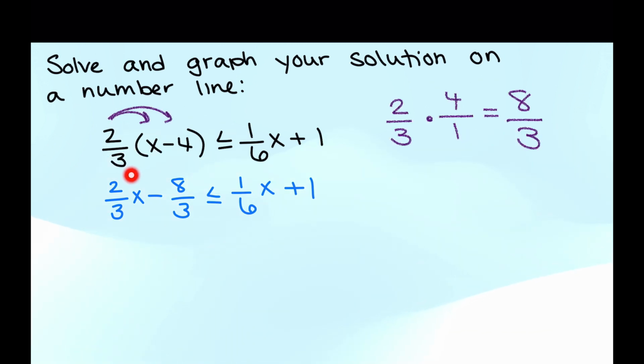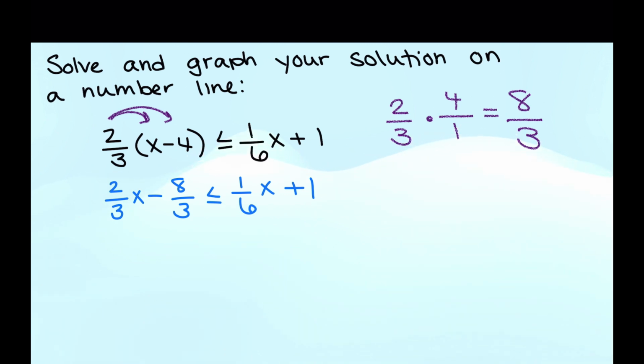Now I'm going to take 2/3 and distribute that to the minus 4. So 2/3 times 4 over 1, we multiply straight across, that gives me 8/3. Okay, so 2/3 times x is 2/3 x, 2/3 times the minus 4 is minus 8/3. Less than or equal to 1/6 x plus 1.